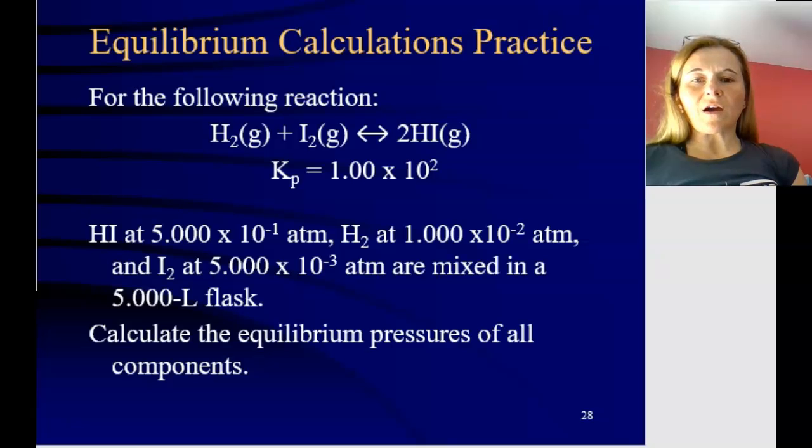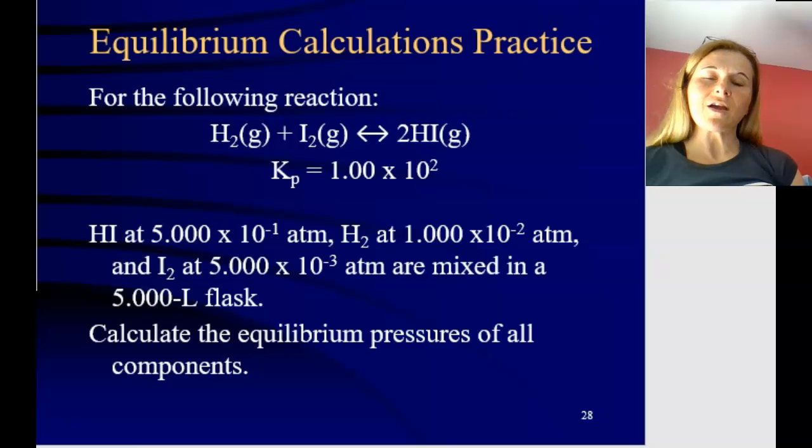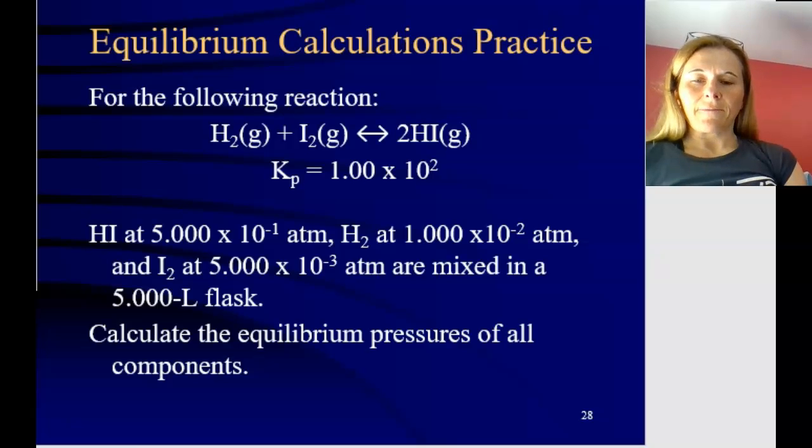So we've got our hydrogen iodide at 5 times 10 to the negative 1, so 0.5 atmospheres of pressure. Our hydrogen gas is at 0.001 atmospheres of pressure, and our iodine is at 5 times 10 to the negative 3 atmospheres of pressure, and they're all mixed in a 5-liter flask. Calculate the equilibrium pressures of all the components.